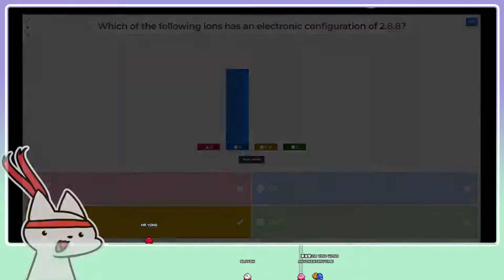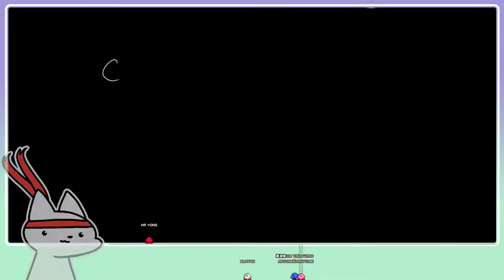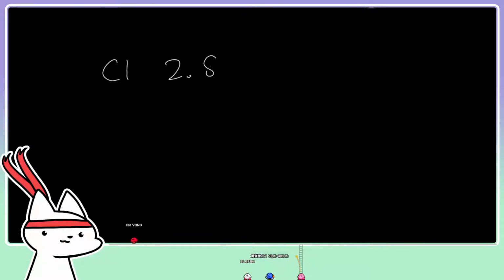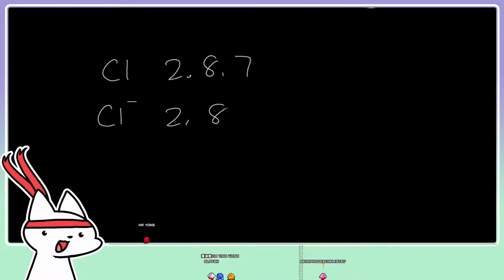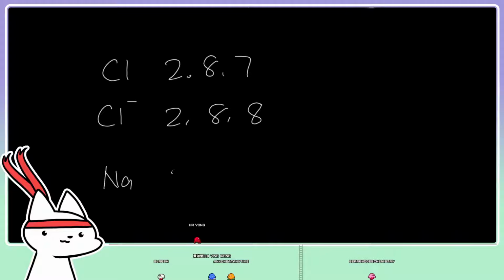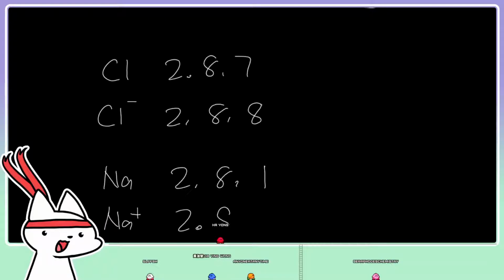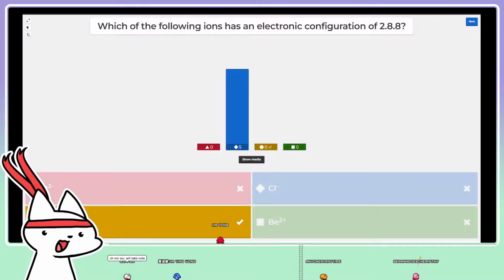Cl is 2.8.7, and Cl minus becomes 2.8.8. Whereas Na is 2.8.1, and becomes Na plus, it becomes 2.8. So the answer should be Cl minus.